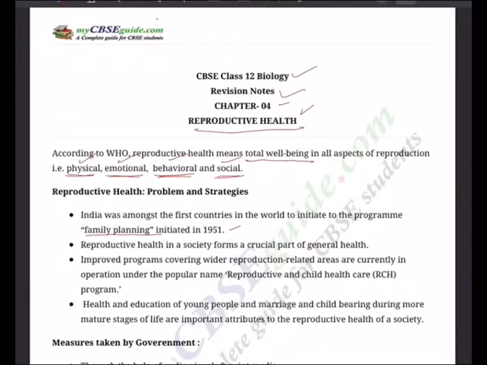Improved programs covering wider reproduction related areas are currently in operation under the popular name RCH. R stands for reproductive, C for child, H for healthcare. So RCH program. Health and education of young people and marriage and childbearing during more mature stages of life are important attributes to reproductive health of the society.